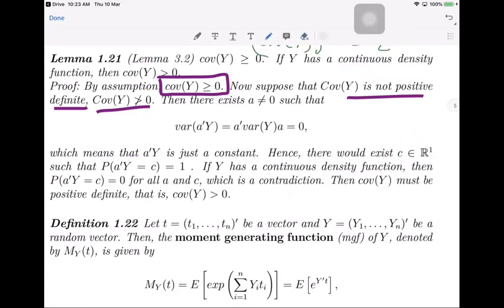Okay? If it has a continuous density function, the probability that it is exactly equal to a constant should be 0. If you recall your basic probability, when you find the probability under a normal curve, this is equivalent to the probability that X is less than or equal to small x. But the probability that X is exactly equal to small x will be 0.